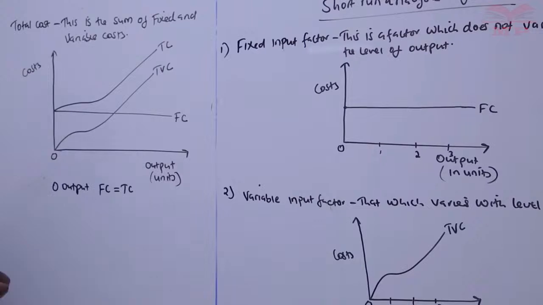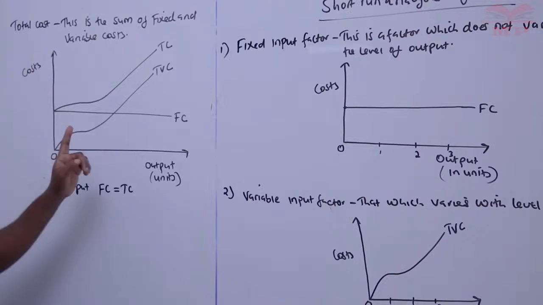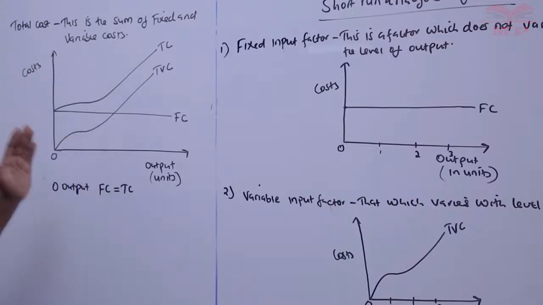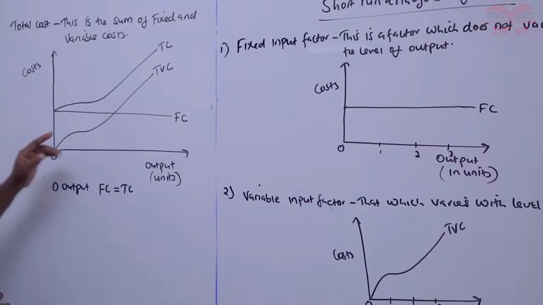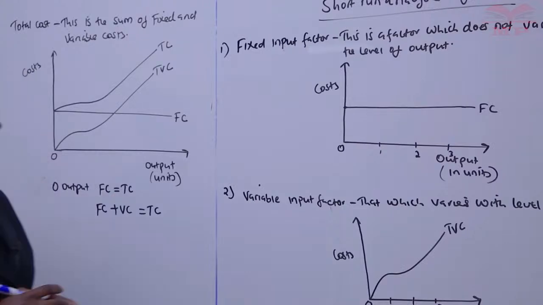But at the time variable costs begin to rise as the level of output changes, then total cost will begin to rise.